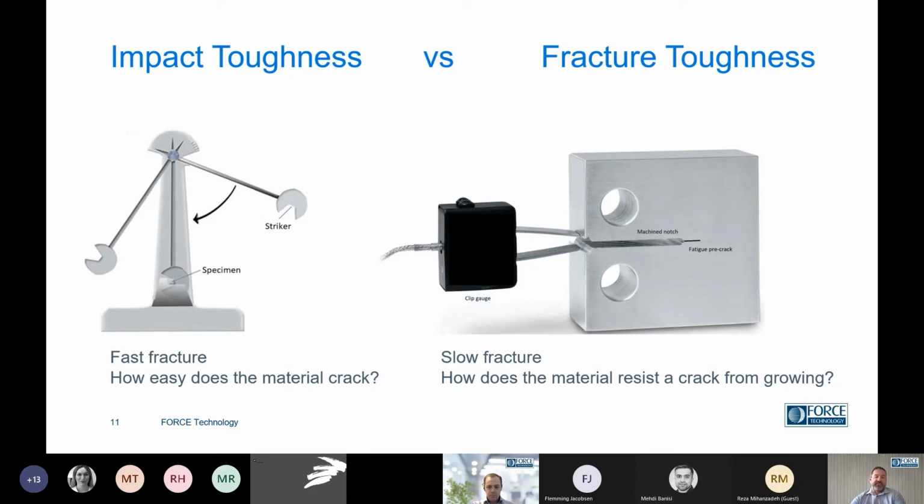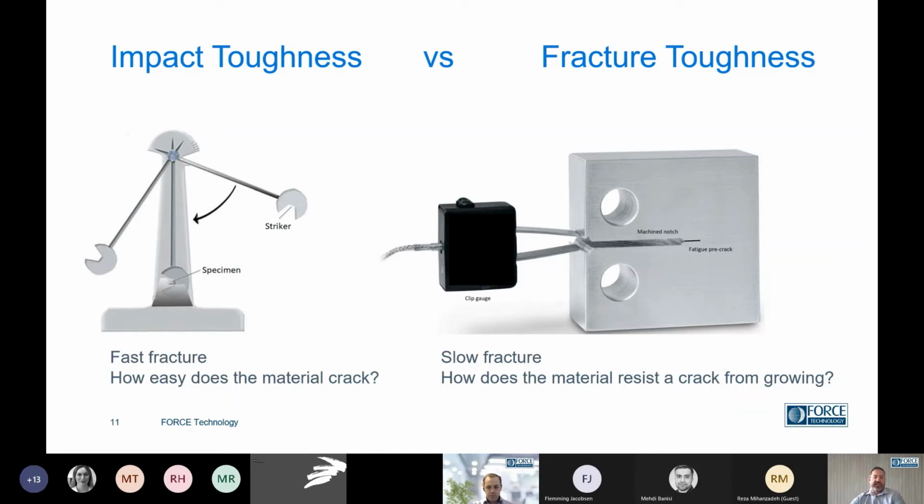We throw in some mathematics, close control of the loading conditions, the specimen geometry, and that little black thing there that measures how the mouth, the front of the crack, or the face of the crack is opening up.